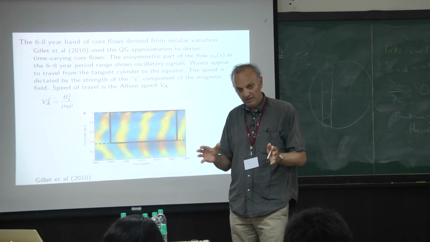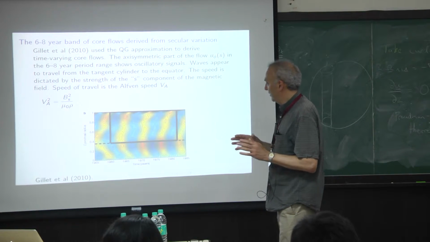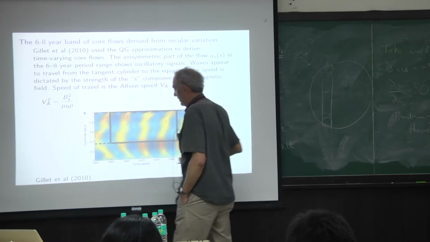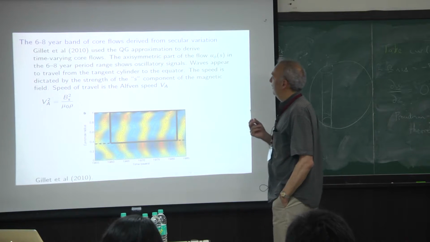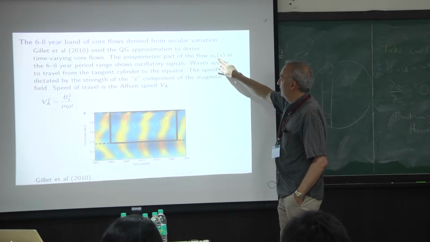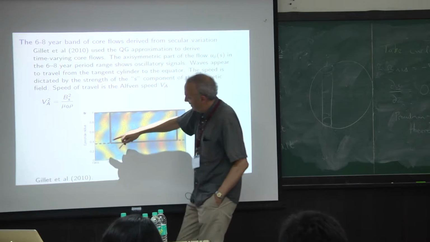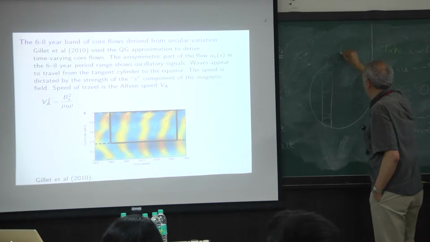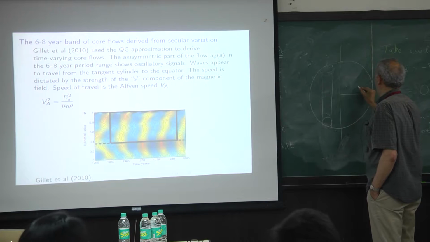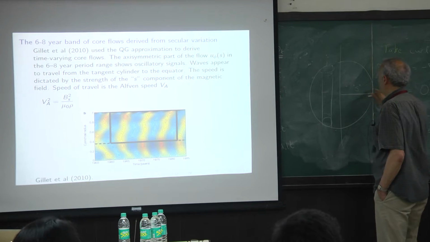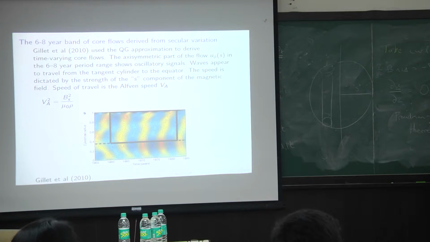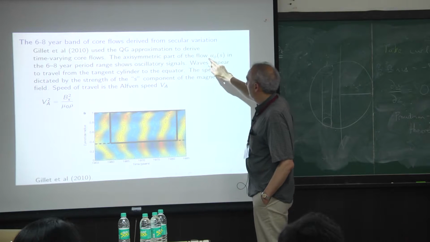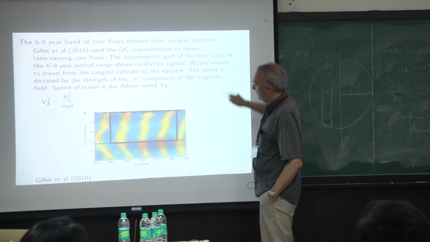So they just looked at the variability of the zonal flows in that wave band, and they plotted, as a function of time, the phi component of the flow, as a function of cylindrical radius. This is the rotation axis, and S is the cylindrical radius, the distance from the rotation axis. And this is what they saw in the time variability of the phi component of the flow.